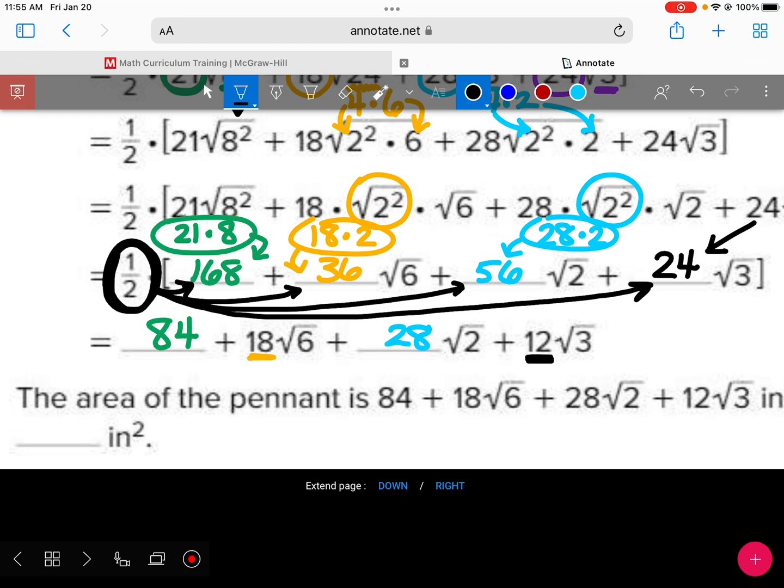What came after the 84? Plus 18, right? 84 plus 18. And then we need a square root. How do you do the square root? Second and x squared. So put your square root in.